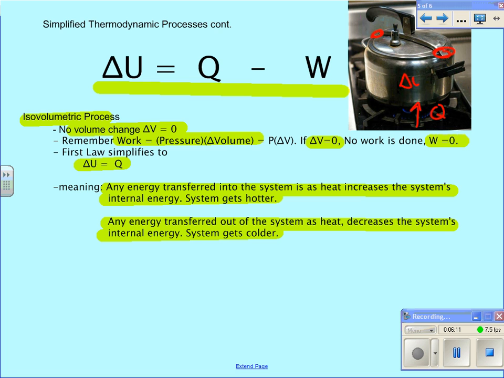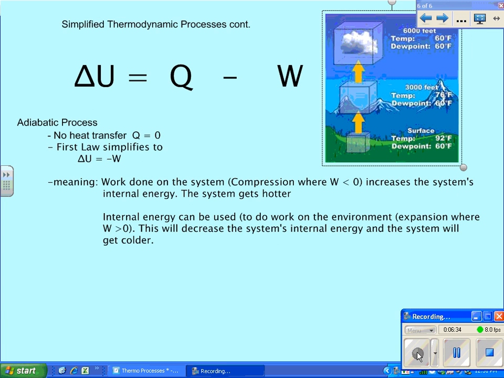The temperature and the internal energy of the system inside gets larger. There's no work done by expanding the walls of the pressure cooker. There is a relief valve that, if we exceed a certain pressure, we can get work out of by air expanding out of it. But when it's normally operating, this is an isovolumetric process.